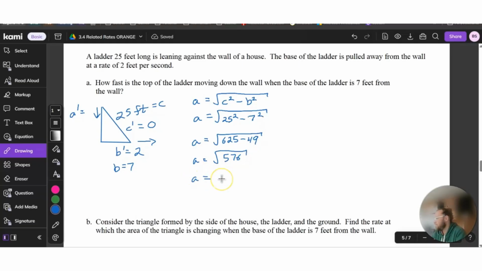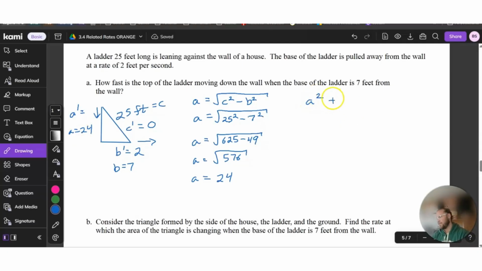Now, I'll be real impressed if anyone knows that one. It's 24. That's the answer. Well, not the answer, that's just A. That's only A.